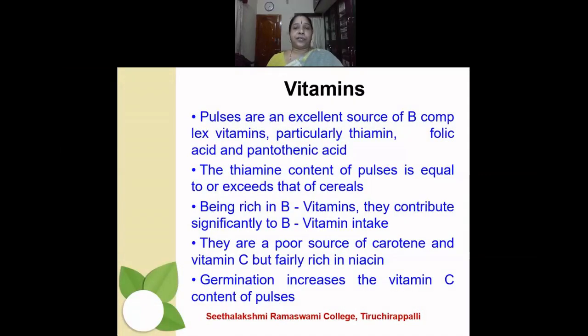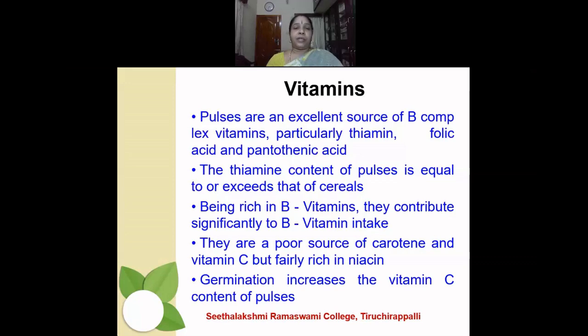Pulses are an excellent source of B complex vitamins, particularly thiamine, folic acid and pantothenic acid. Almost all the B vitamins are present in the pulses. The thiamine content of pulses is equal to or exceeds that of the cereals. Thiamine is vitamin B1.